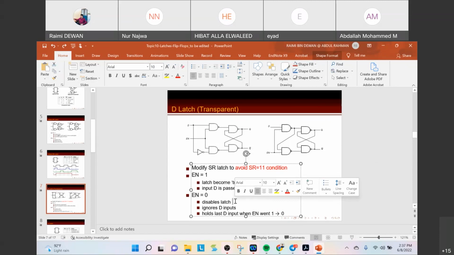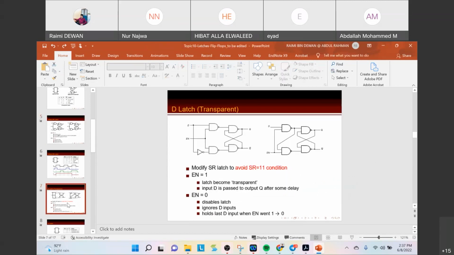If you don't understand the basic latch operation, maybe it will propagate to further non-understanding of the next ones, for example the gated D latch. Enable 0 disables the latch operation, meaning it doesn't perform the latch operation when it is equal to 0.